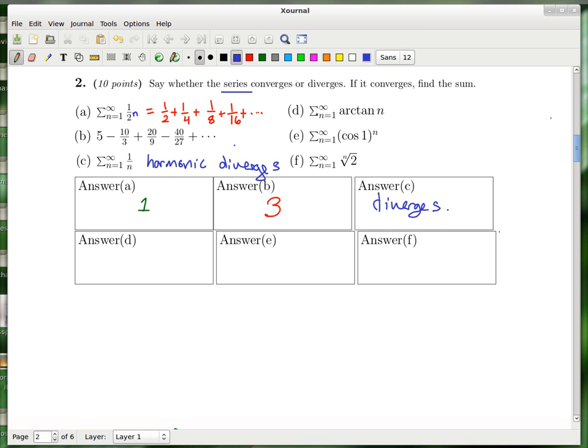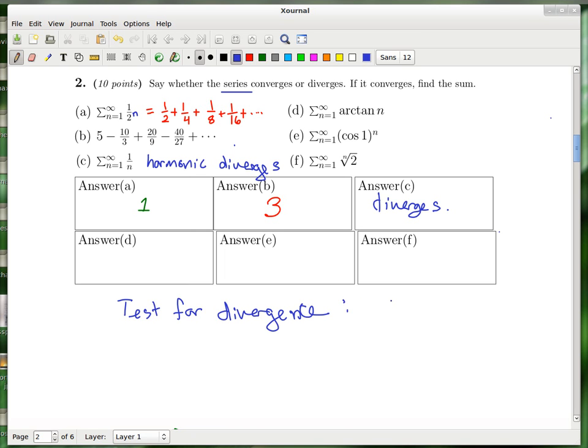If you want to be a little bit more formal, or you want a more careful explanation of why D diverges, you can reflect on the fact that you could use the test for divergence. So remember, the test for divergence is the simplest test there is to see whether or not a series converges or diverges.